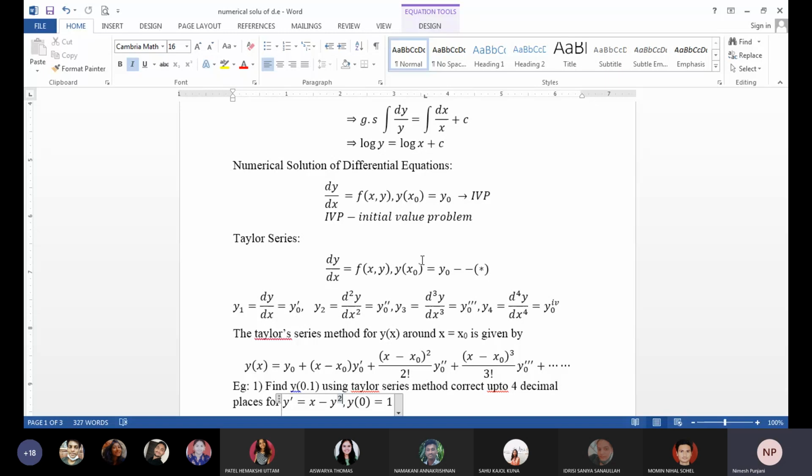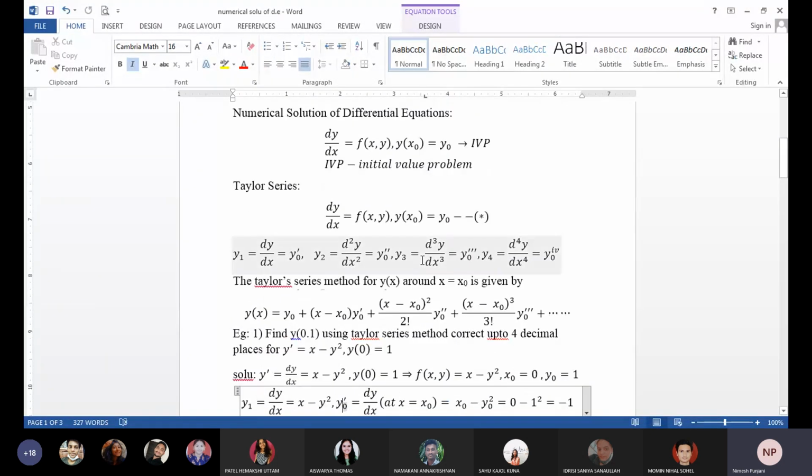And the fourth order derivative of y0 will be nothing but the value of the fourth order derivative of y with respect to x when x is equal to x0. So this is the formula which we have to use.